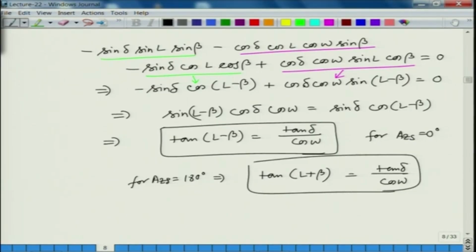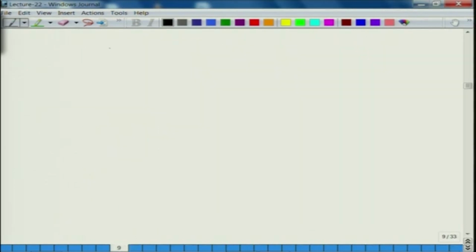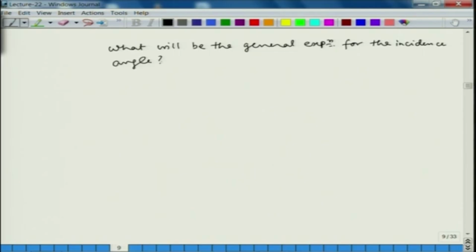Just like the earlier case, what we want to know is the general expression for the incidence angle. We have obtained the condition for the minimum, but what would be the incidence angle?